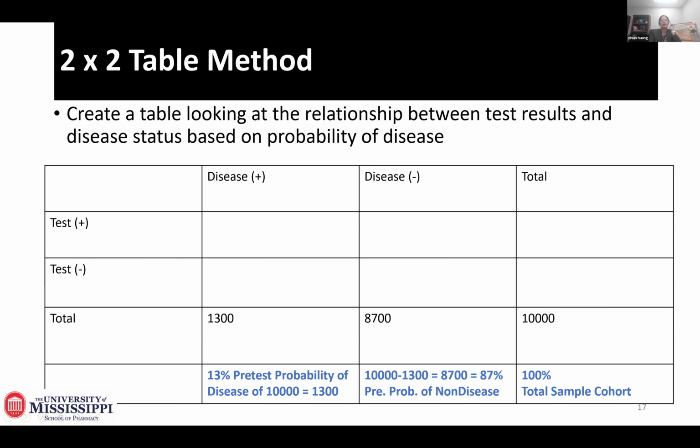Based on that, the total diseased population with Lyme disease is 300, because we already gave you the pre-test probability: the incidence of the disease per 100 people is 13. This also gives us 8,700 disease-free people here.